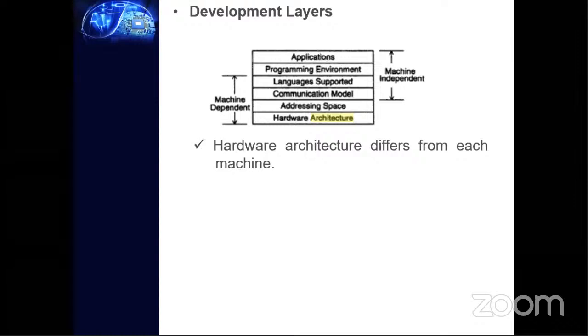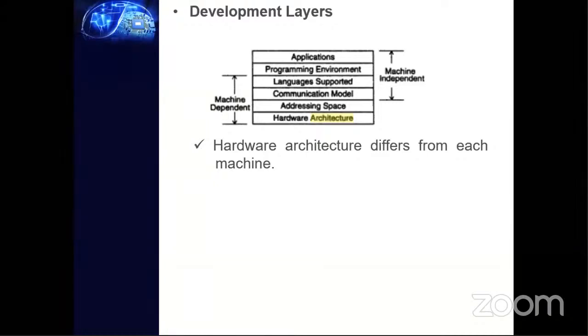Under this, some components are machine dependent, I said. Importantly, hardware architecture and addressing space are machine dependent. That depends on the machine. The machine independent ones are the applications and the programming environments. The language supported and the communication model, those two things are intermediate processes.